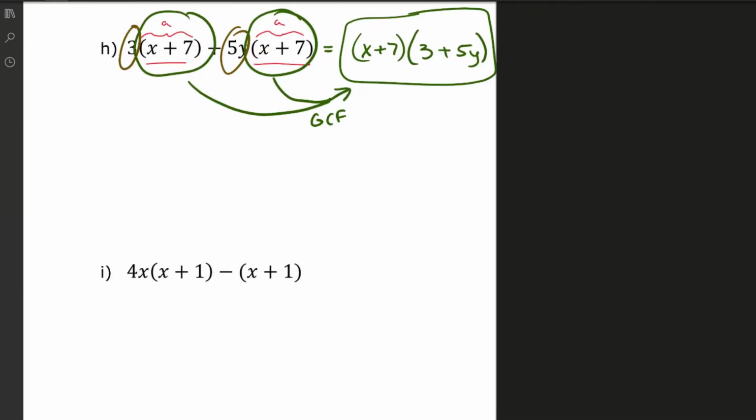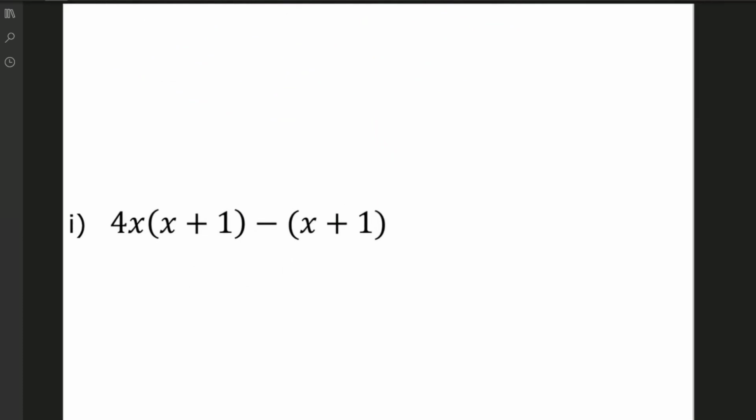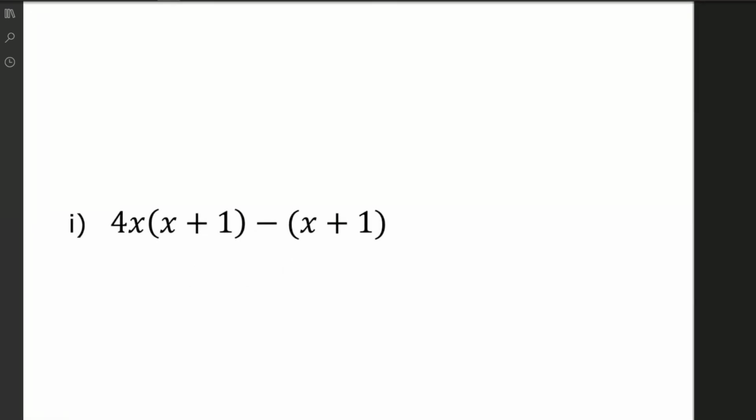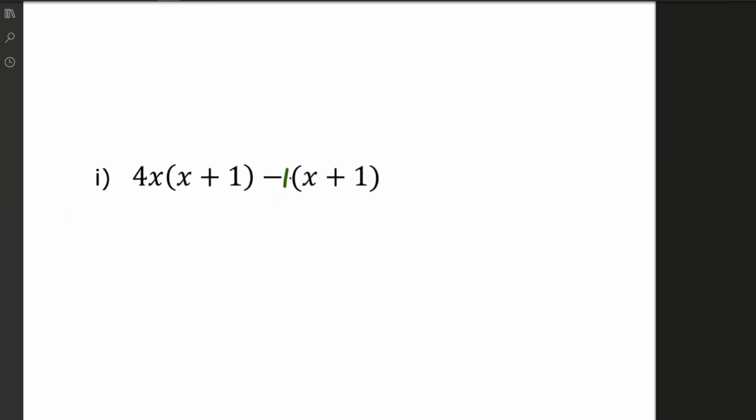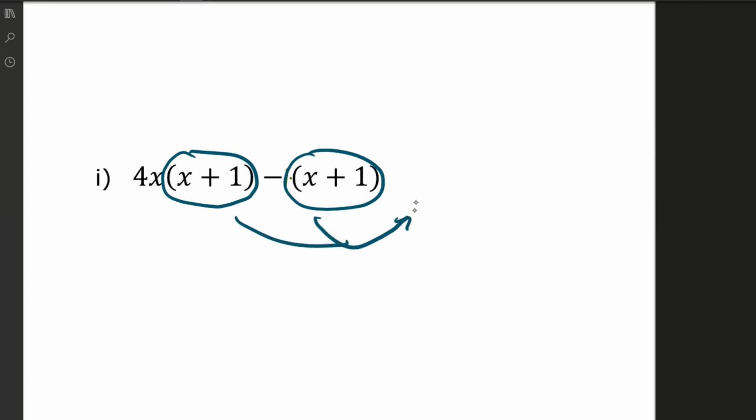I'm going to put one thing down here in the I problem that you kind of don't see: I'm going to put a 1 in front of this second one right here. But look what we have here. We have x plus 1, x plus 1 right here. That is a GCF. So that's going to be in common. X plus 1 factored out. And then left behind will be a 4x.